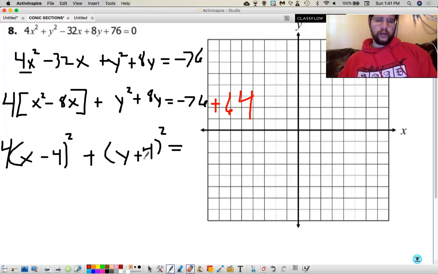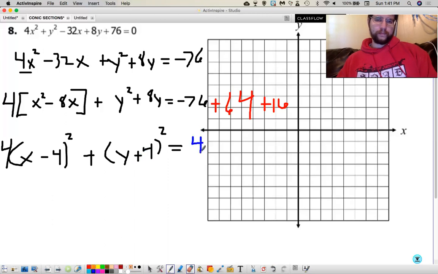So what I need to do now is add 16 to this side. I added 16 to the left here. I need to add 16 over here. So that's 80 minus 76, that's 4.